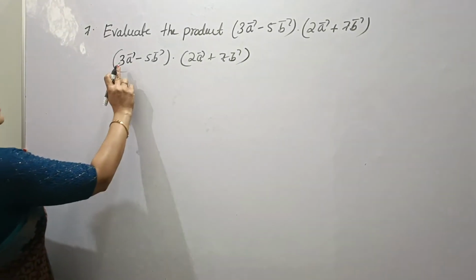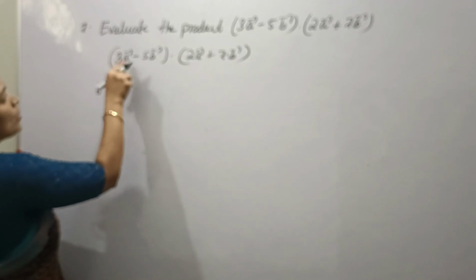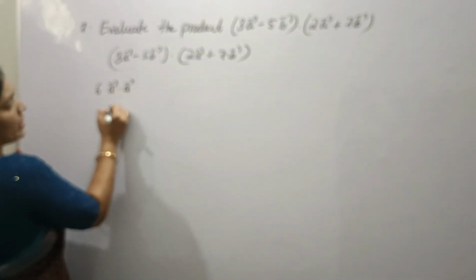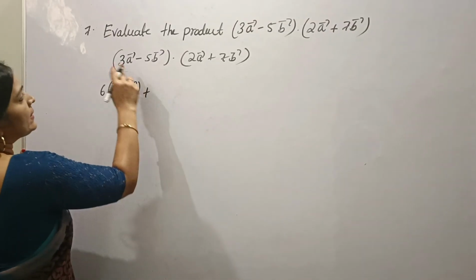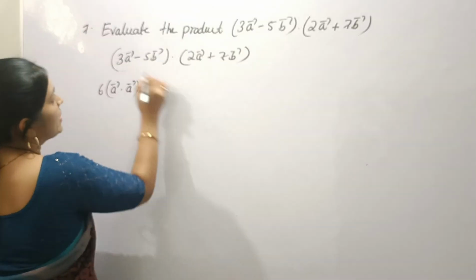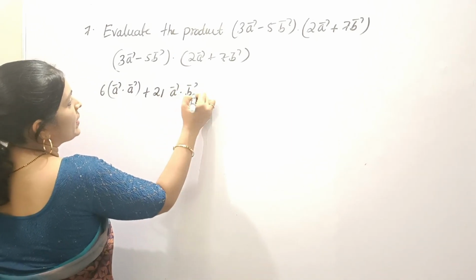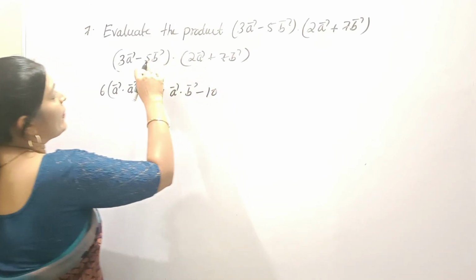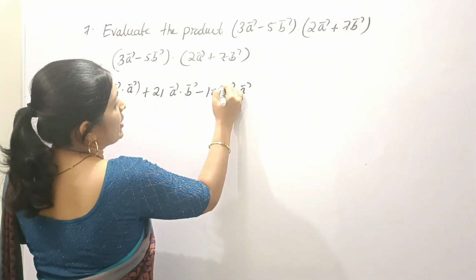Expand this. 3 into 2, 6, into vector A dot vector A. Next, plus 3 into 7, 21, vector A dot vector B. Next, minus 5 into 2, minus 10, vector B dot vector A.